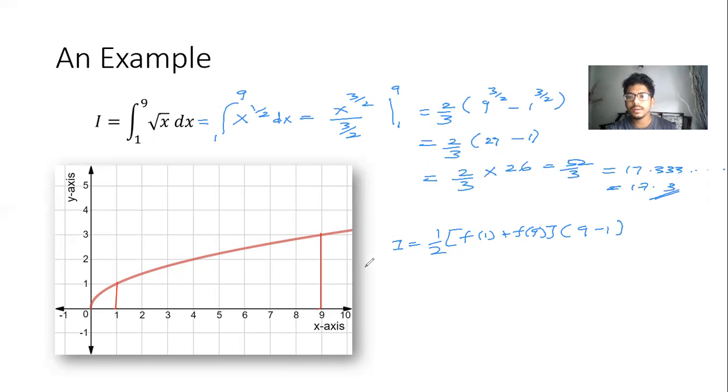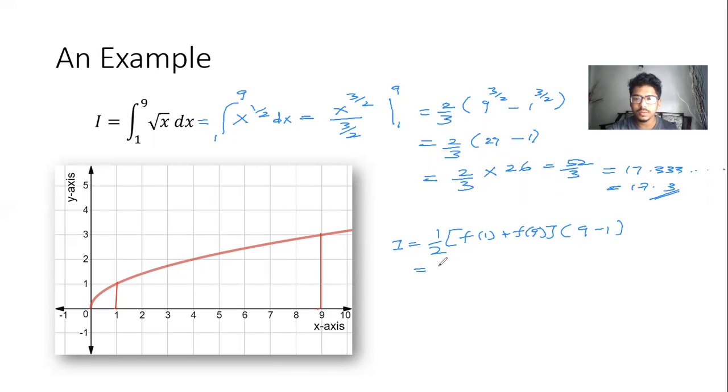Remember the trapezoidal rule: we have half into f(a) plus f(b) into b minus a. So here a equals 1 and b equals 9. So we get f(1) plus f(9) into 9 minus 1.